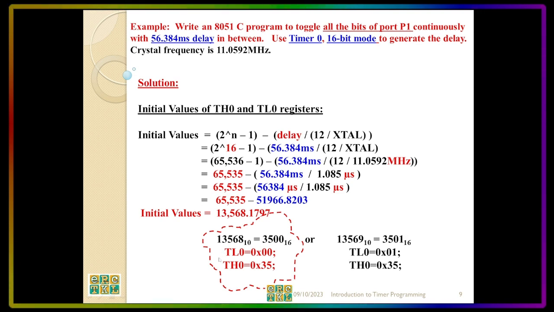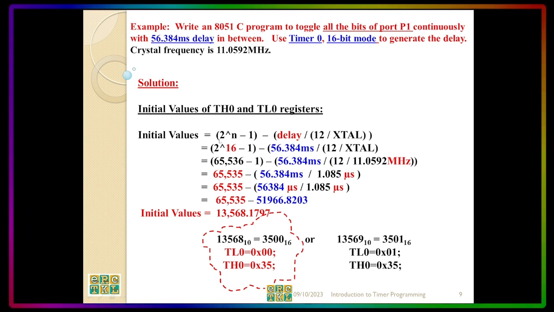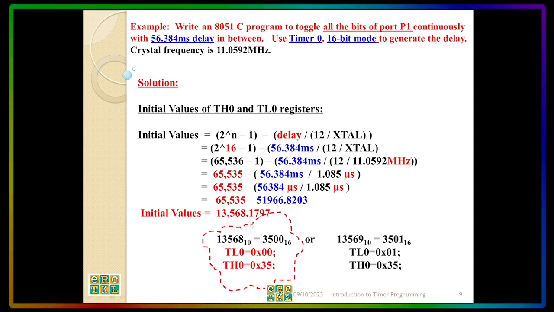But you cannot just do it by thinking or by estimation. We have to be specific using this formula, and we found the answer to be 13,568 or 13,569. We still need to convert it to hex so that we can write our program for TL0 and TH0.